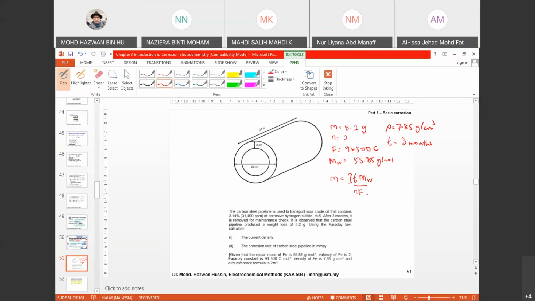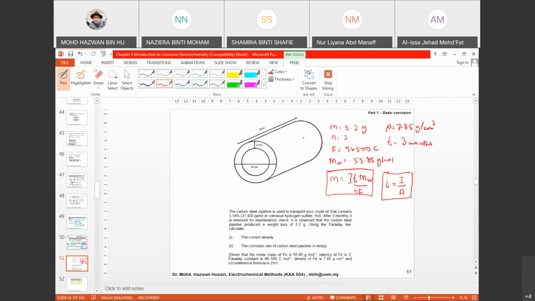And then another formula. Current density is equal to what? Current over area. Very good. So we are going to use these two formulas to answer question number 1.